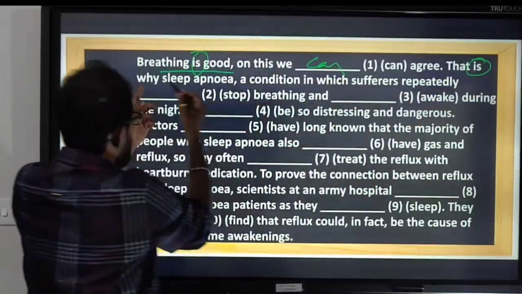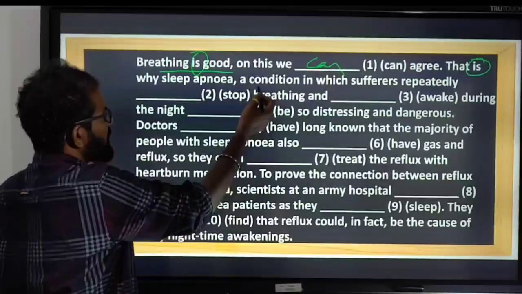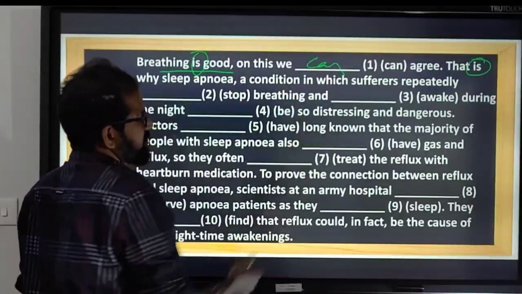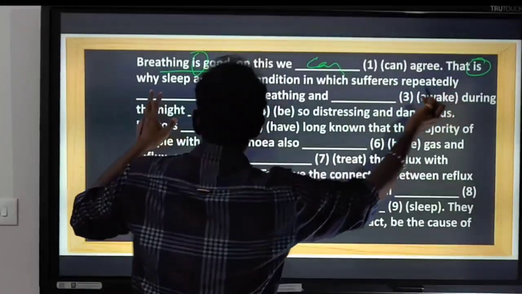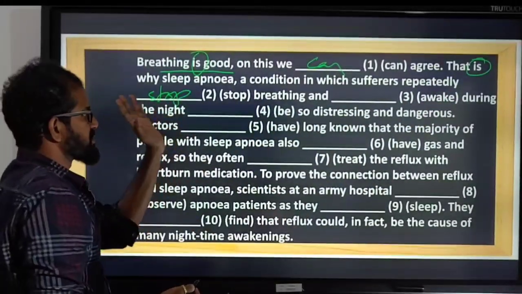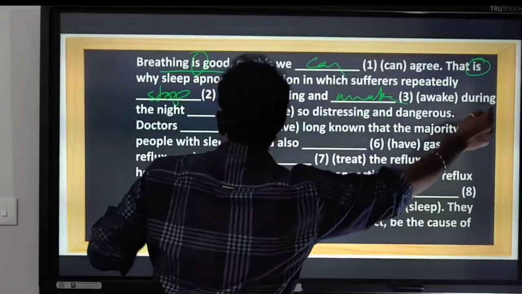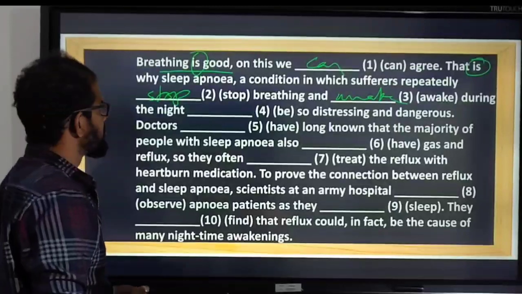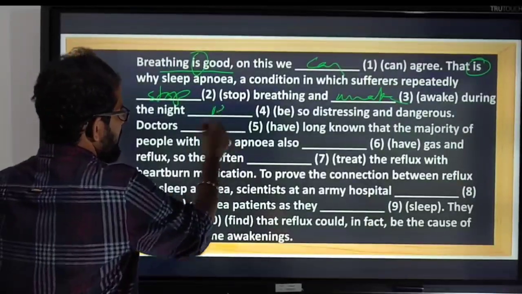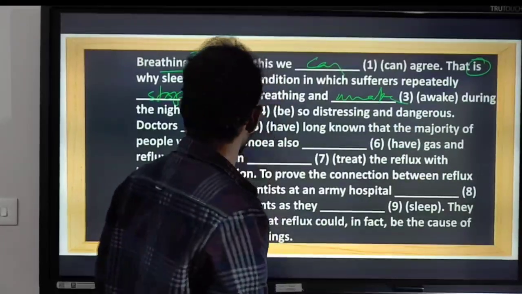Agree, that is why sleep apnea, a condition in which sufferers repeatedly stop. Present tense, stop breathing and awake during the night is so distressing and dangerous.